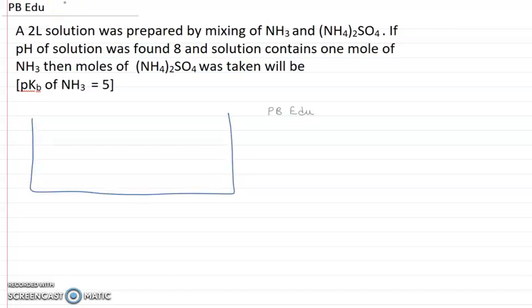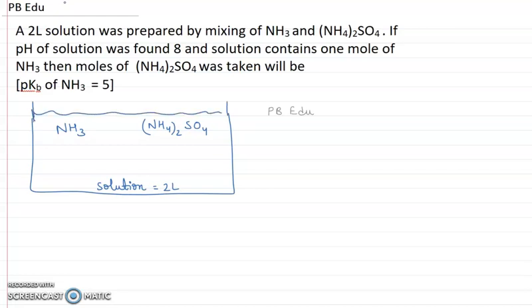We have a solution in which ammonia and ammonium sulfate are both present. And the solution is of 2 liters. The total amount of this solution is 2 liters.